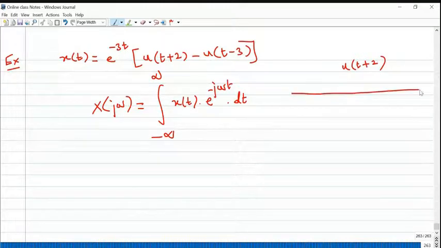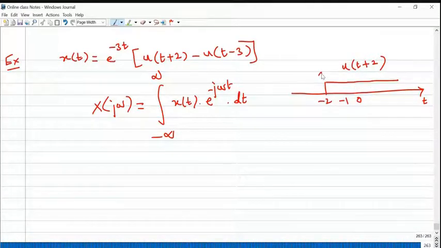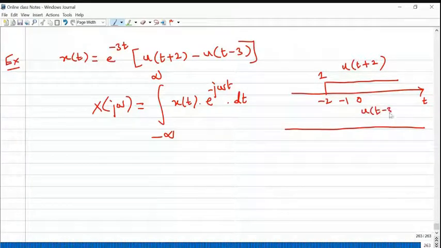How to sketch u of t plus 2? This is the sketch for u of t plus 2, right? The u of t signal starts in advance by 2 units of time. And what is the signal sketch for u of t minus 3? 0, 1, 2, 3. From 3 onwards, the magnitude of the signal is 1.